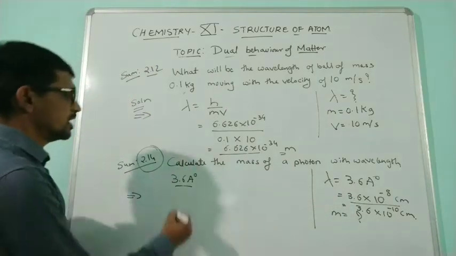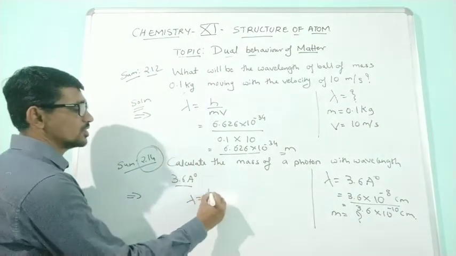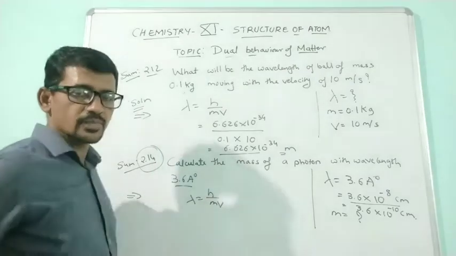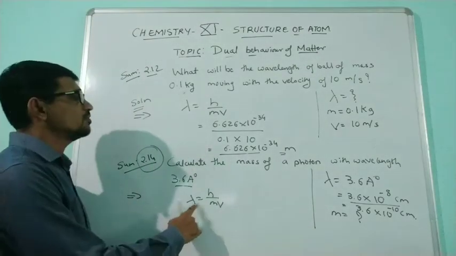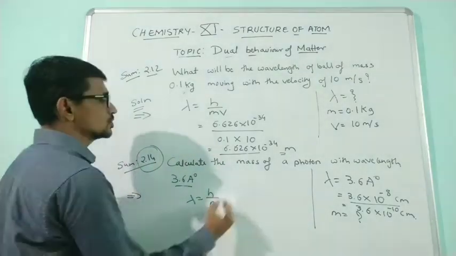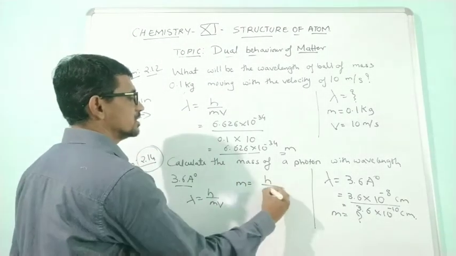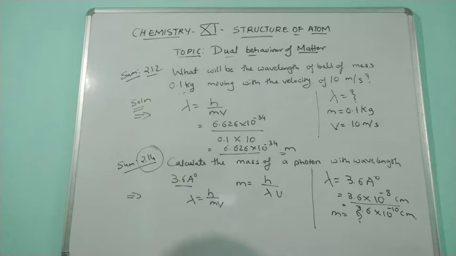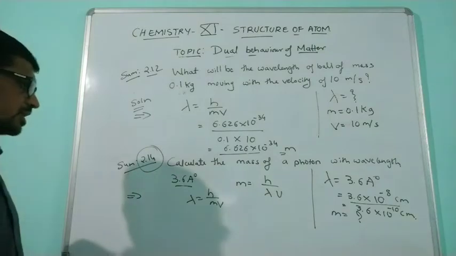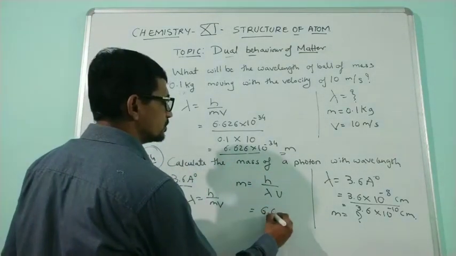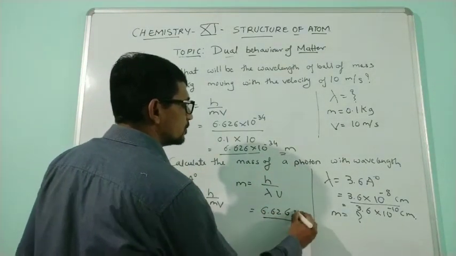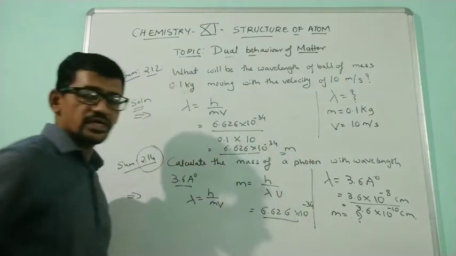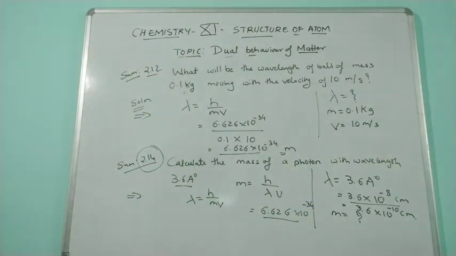So again we apply λ is equal to h upon mv, and we want to find the mass. So m is equal to h upon λv. The h value is 6.626 × 10^-34, the Planck constant.